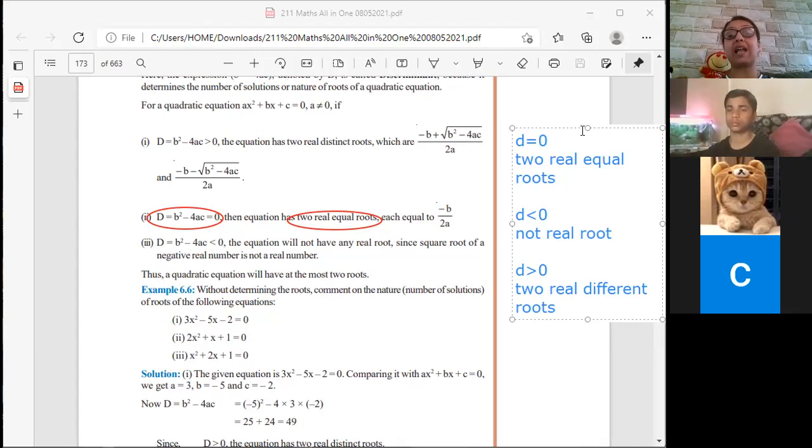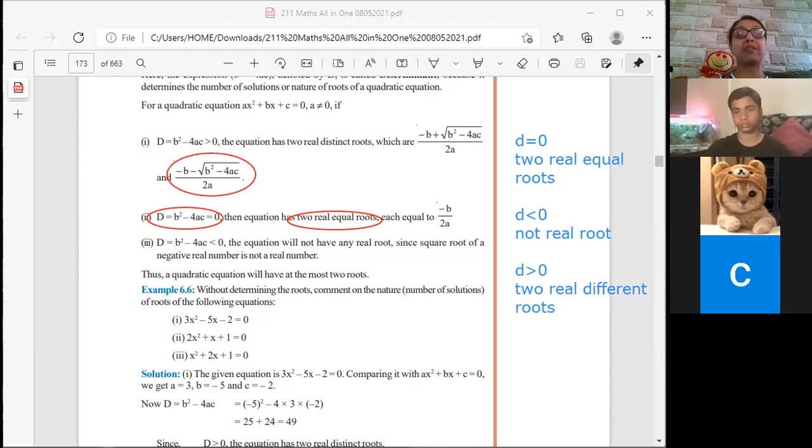We are trying to solve the quadratic equation using the formula. This is the formula. In the last class I started this new topic, so I'm going to do the revision again today. You have to remember this formula.